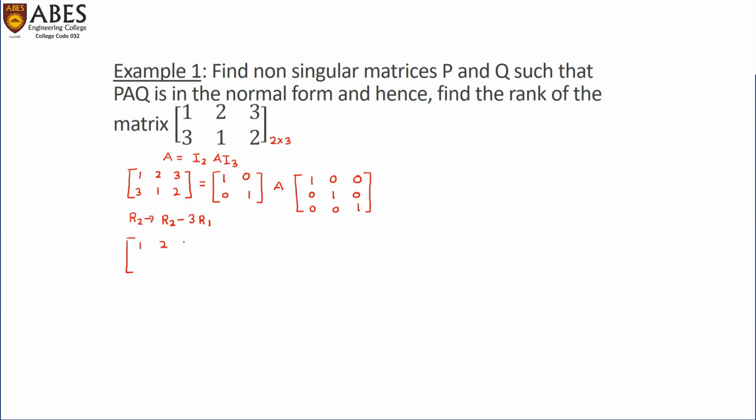It is 1, 2, 3, 0, minus 5, minus 7, and the pre-matrix becomes 1, 0, minus 3, 1, with 1, 0, 0, 0, 1, 0 and 0, 0, 1.